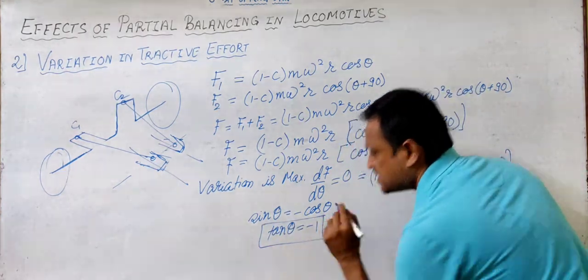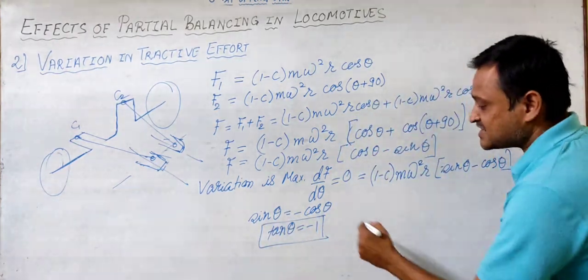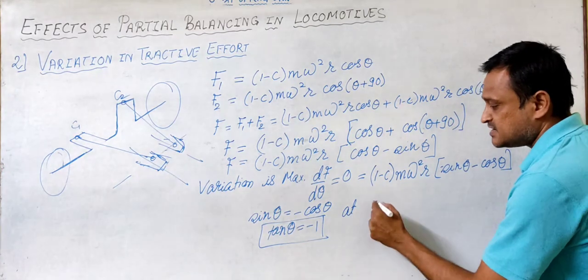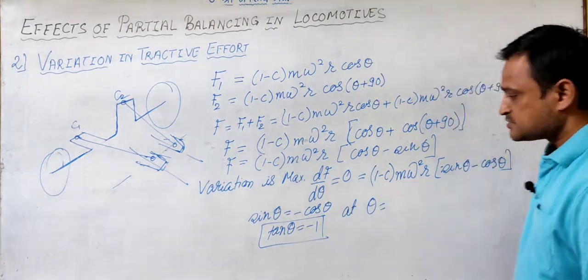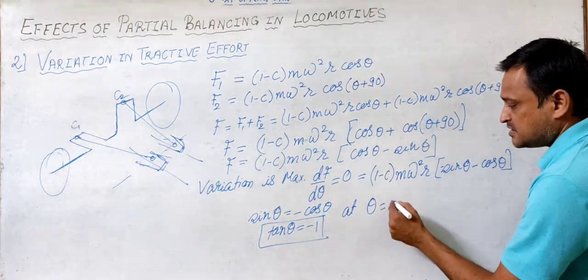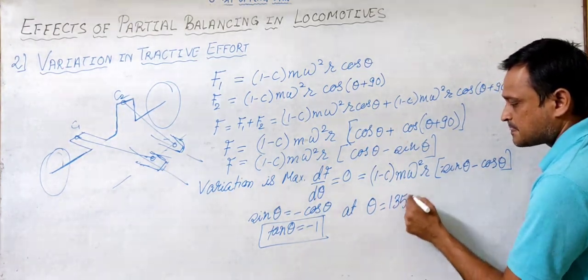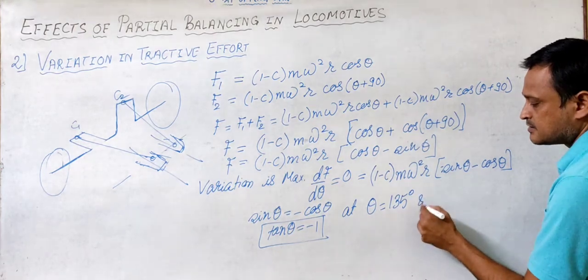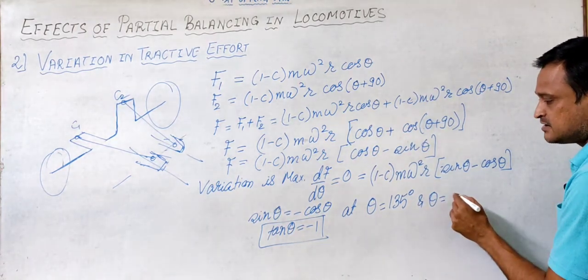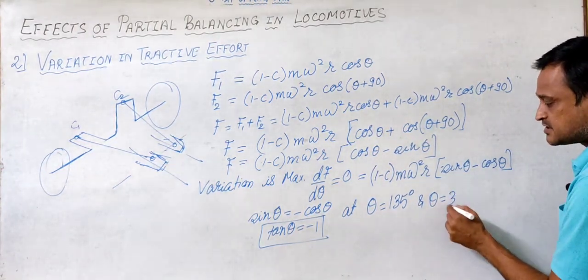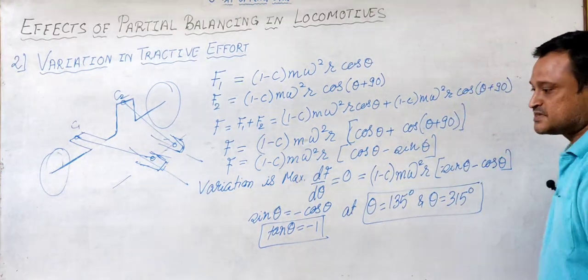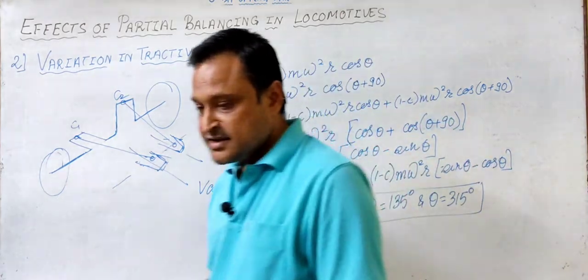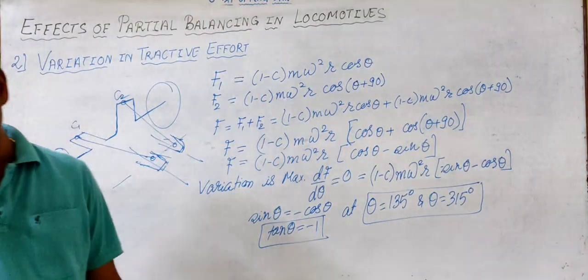So this is what we are getting. That means at tan theta equal to minus 1, theta will be 135 degrees, and at theta 315 degrees. So at these two values of theta we will get this maximum variation, right?